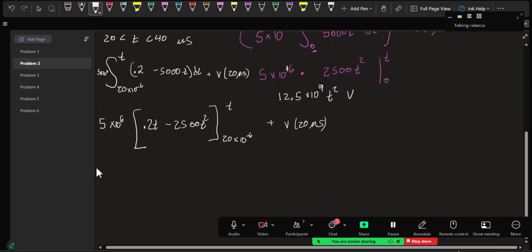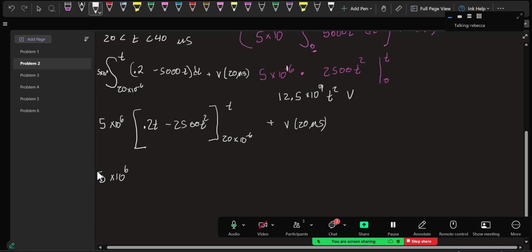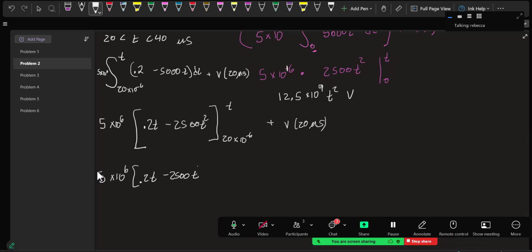When I plug t in, that's easy. So it's 5 times 10 to the 6 times 0.2 t minus 2,500 t squared.